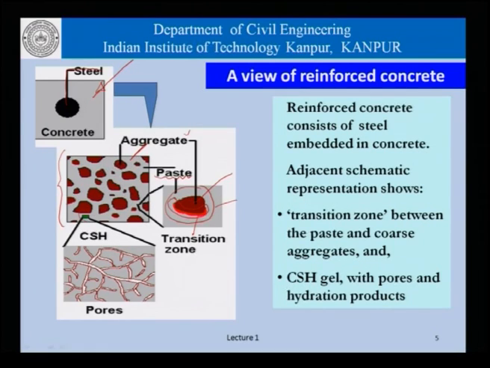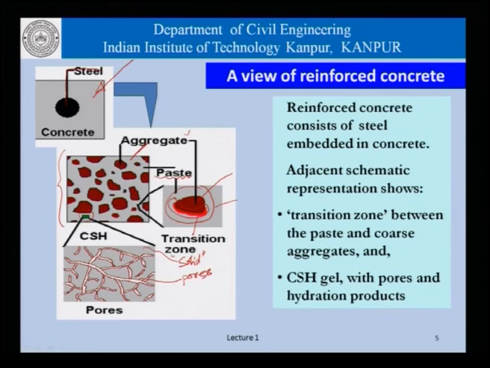Now, if we look at a small element of paste, which is the cement and water hydrates, we could model this small element as comprising of solid CSH or hydration products, in which there are a lot of these pores.